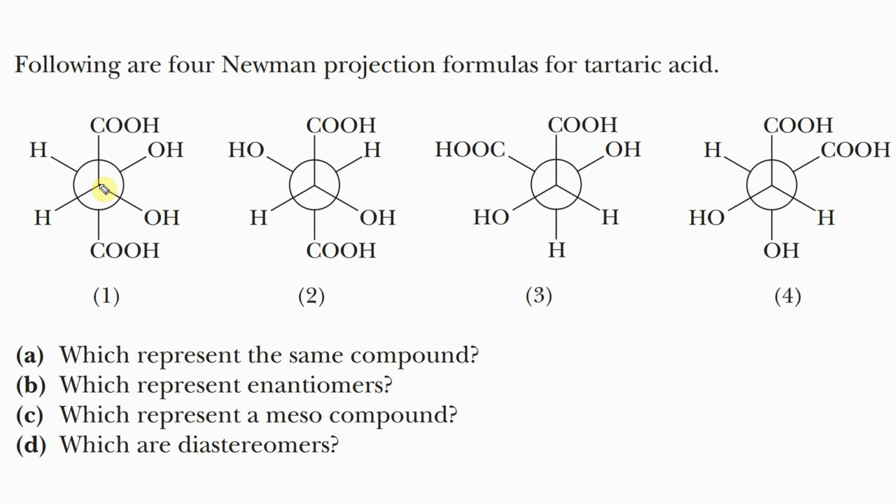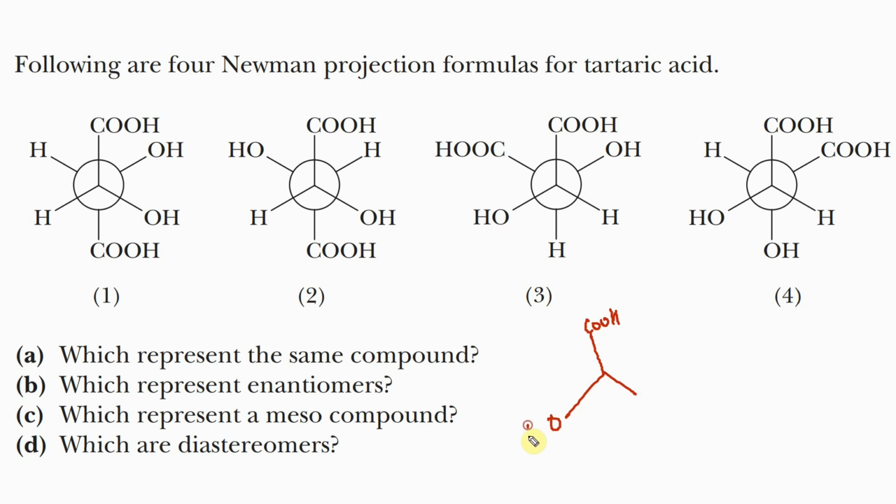Okay, so now let's take the front carbon. Front carbon: COOH is on the top, H is at the bottom, OH is on the right side. Now the front carbon has OH here on the left, H here, H here. So I'm going to draw a mirror image of this compound. That's the best way. What will the mirror image of compound 1 be?